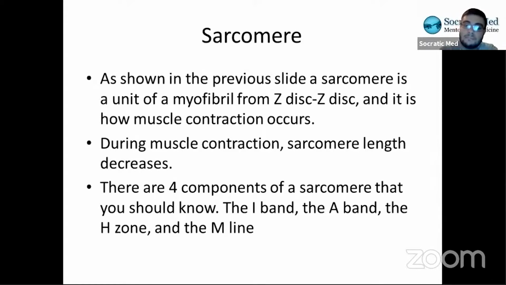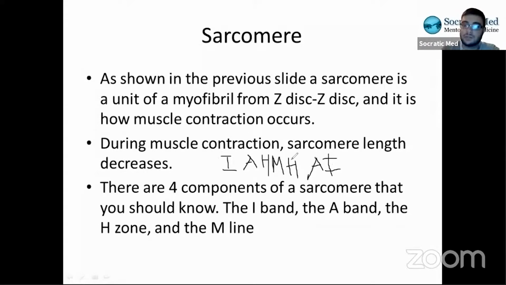A quick way I memorized this is, you know that in order it goes I, A, H, M, and then from both sides, so it would be H, A, I, right?